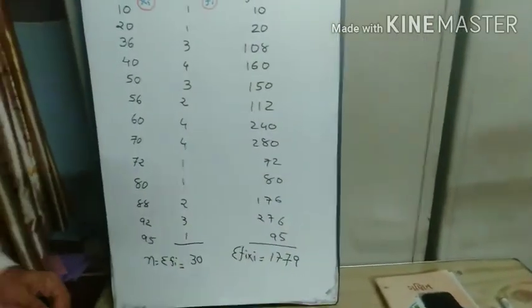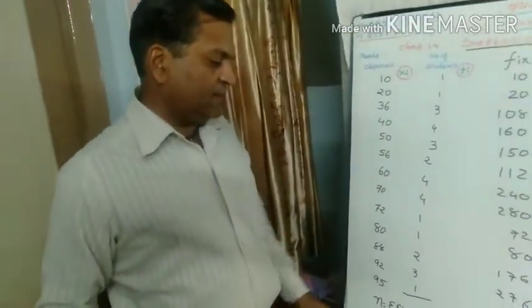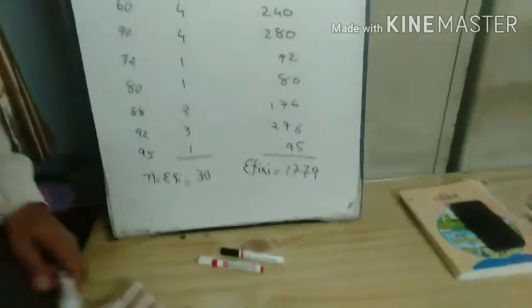We will have the sum 1779, that is sigma fi xi, and n or sigma fi is equal to 30.